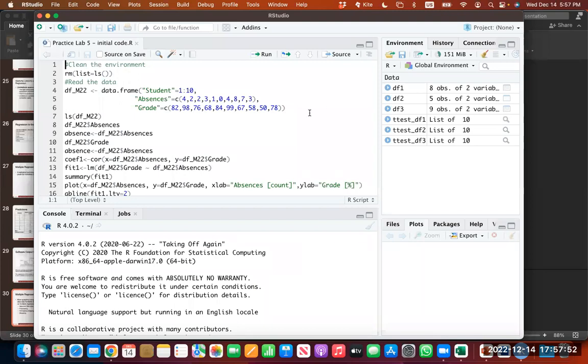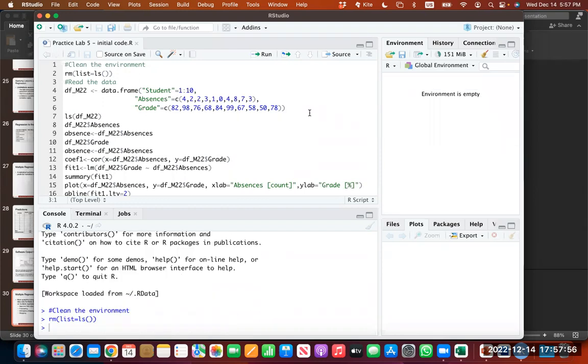Okay, first we're gonna do, as always, on line 2, we're removing everything from our environment because we don't need it anymore. Control enter, just line 2. Okay, good.